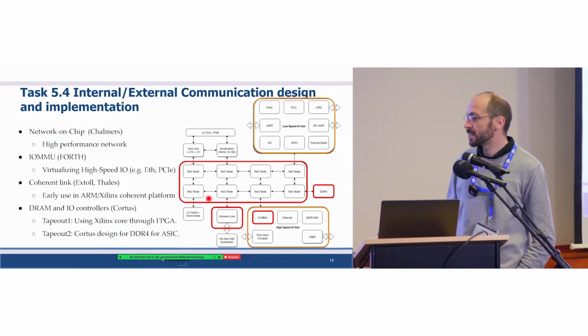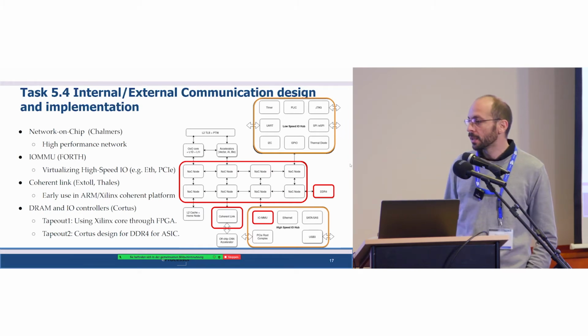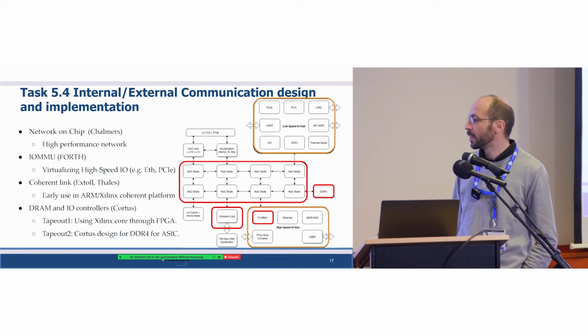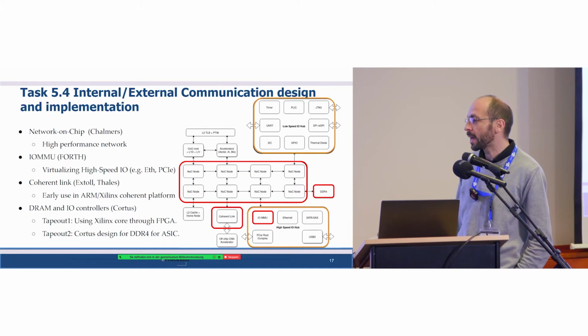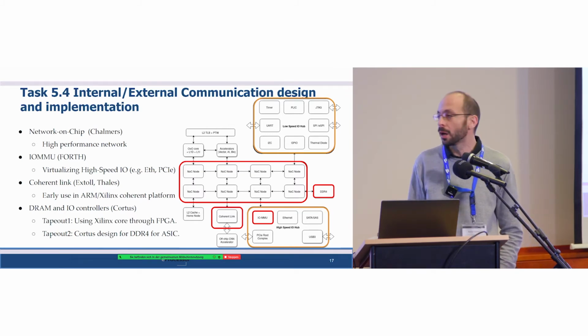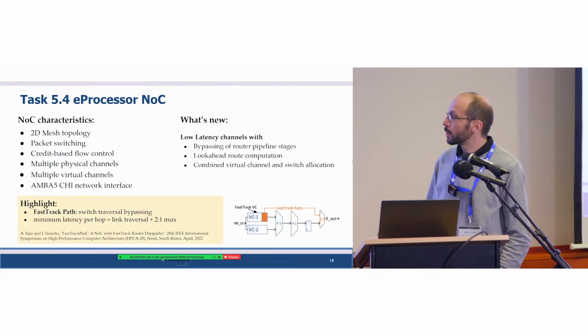The memory accesses will not be too fast, but it will enable us to test our abilities on how successful we can be doing a real tape out. And then, as I said, we will move this memory on chip for the second tape out. That will be designed by Cortus.